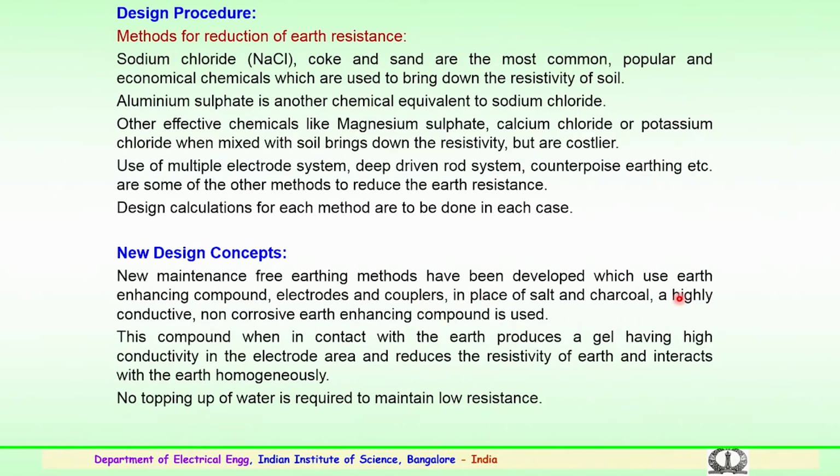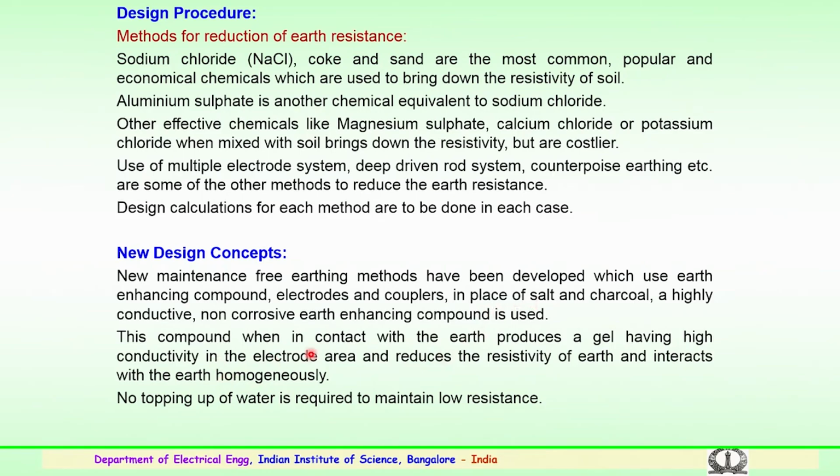These use earth enhancing compounds, new types of electrodes and couplers in place of salts like sodium chloride, coke or sand. These new compounds have a high conductivity, and they are non corrosive earth enhancing compounds which have been used recently.